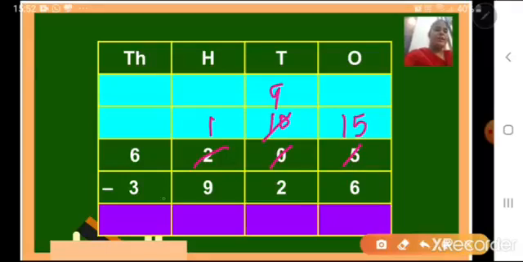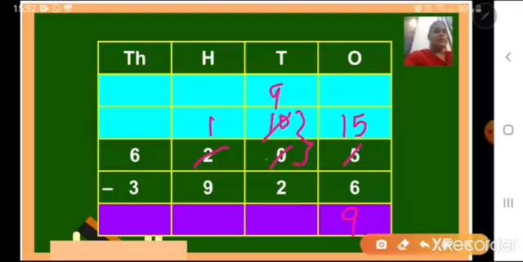Now 15 minus 6 is possible, because number 15 is a bigger number, right? 15 minus 6. Count after 6: 7, 8, 9, 10, 11, 12, 13, 14, 15. So it is 9 fingers. Here my answer will be 9. Then children, all this we have cancelled.